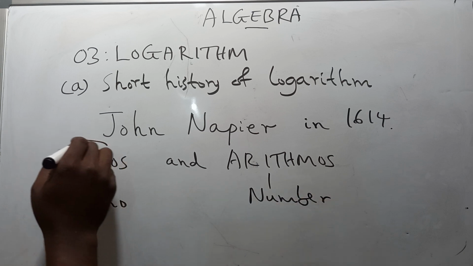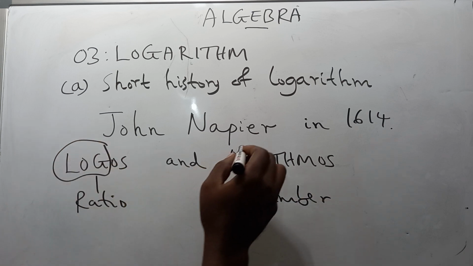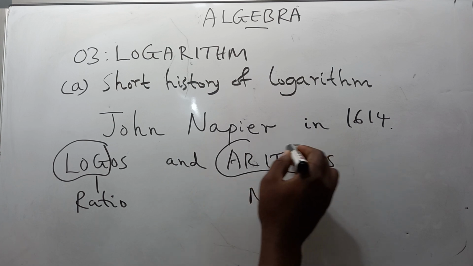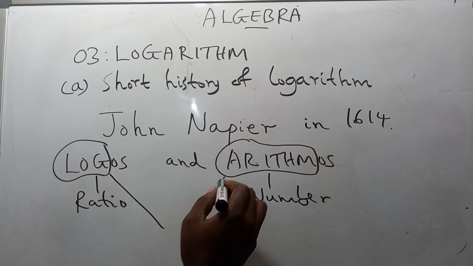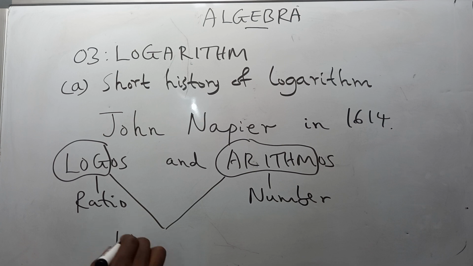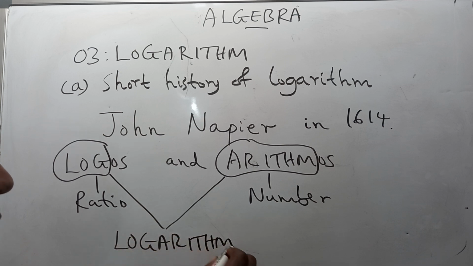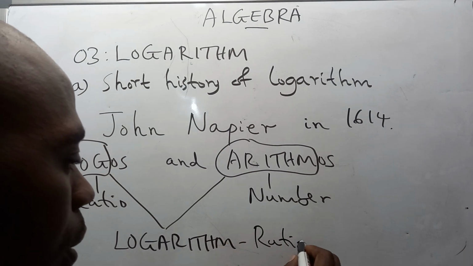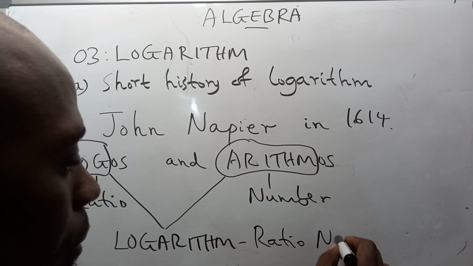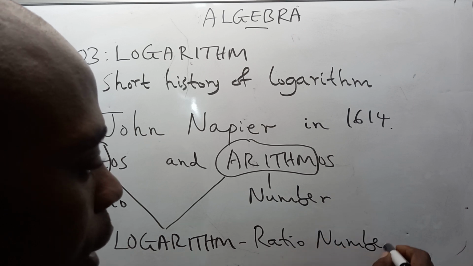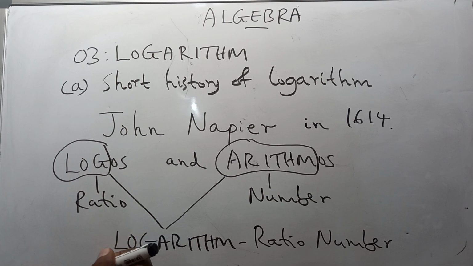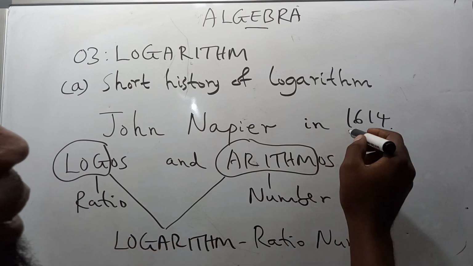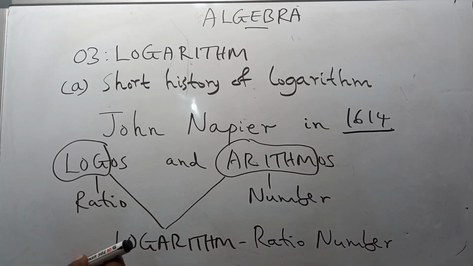He used the first 3 letters of logos and the first 6 letters of arithmos to coin word logarithm. Word logarithm represents ratio number. And the main objective of Naperian or natural logarithm in 1614 was used to simplify mathematical calculation.